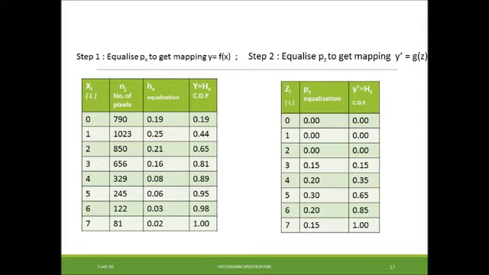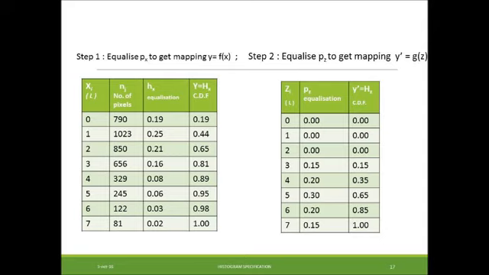Now we need to calculate the cumulative distribution function, which is nothing but the cumulative addition of the present probability value with all the preceding probabilities. It is quite obvious that the CDF corresponding to the last intensity value, that is the last row, is 1.